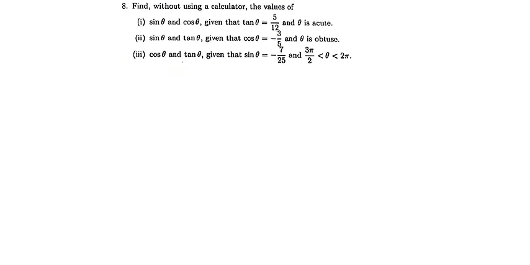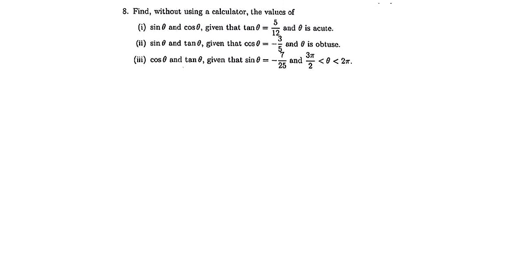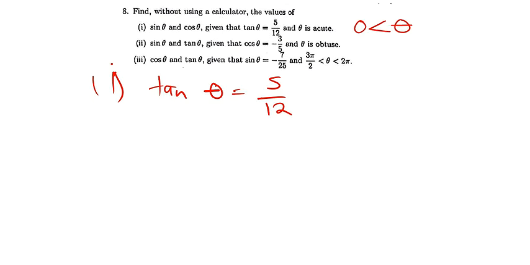Now let's look at question 8. Alright, so look at question 8. Here we're told to find, without using a calculator, the values of sine theta and cosine theta, given that tan theta is equal to 5 over 12 for the first one, and given that the angle theta is acute, meaning that it's between 0 and 90.